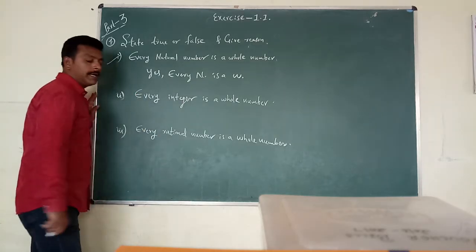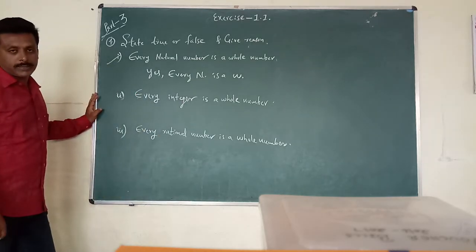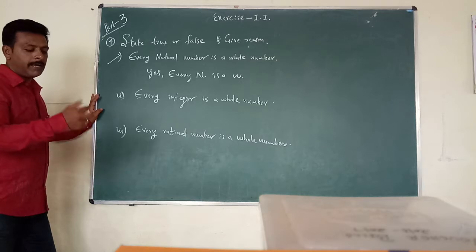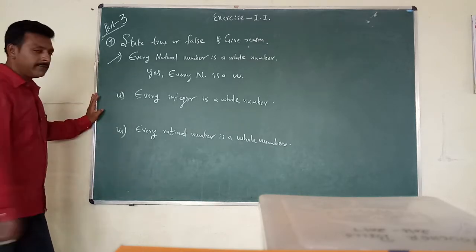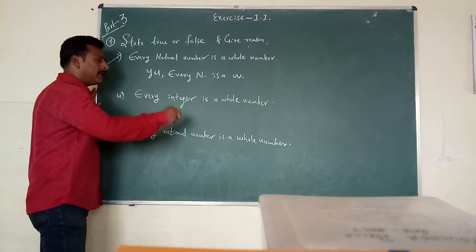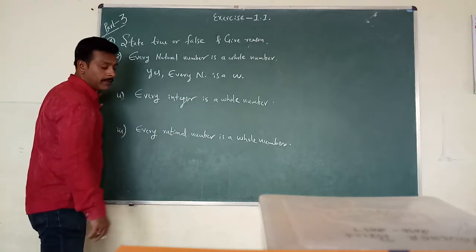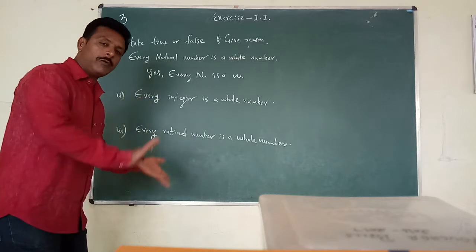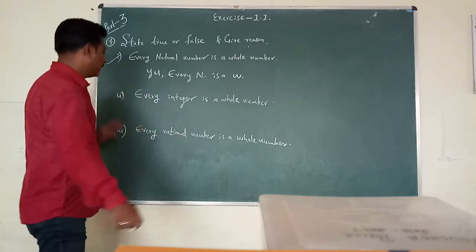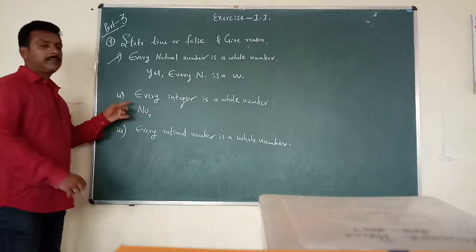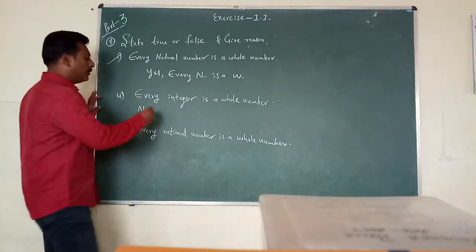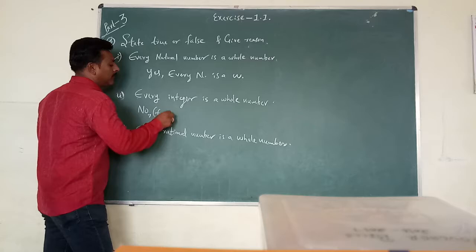Every integer is a whole number. Can you think? Natural number से बड़ा है whole, whole number से बड़ा है integer. What they have given in the statement? Every integer is a whole number? No. Actually what it should be? Every whole number is an integer. Therefore what you have to say? No. This statement is wrong. No means you can say false.